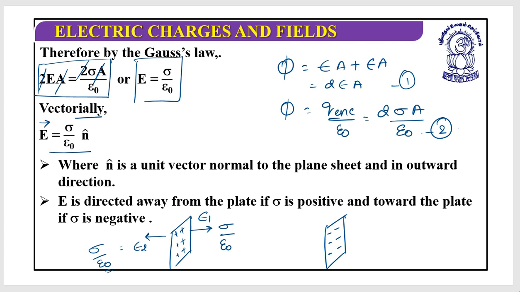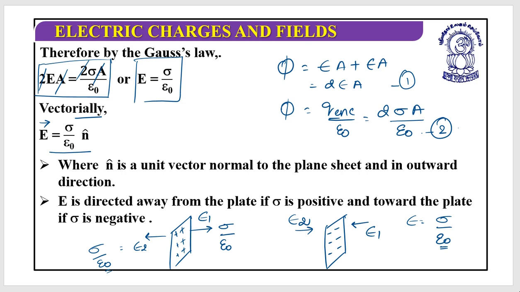The electric field magnitude will be the same, sigma by epsilon naught, while I'm talking about the conducting sheet. But the direction of the electric field will be moving inside. Okay, are you sure?